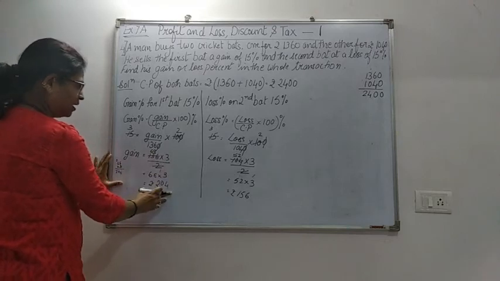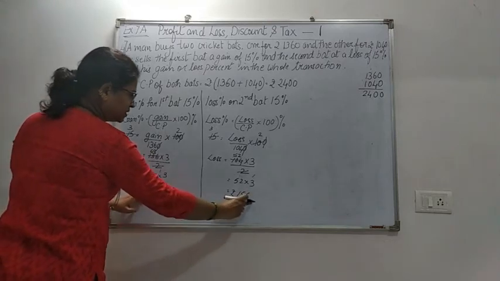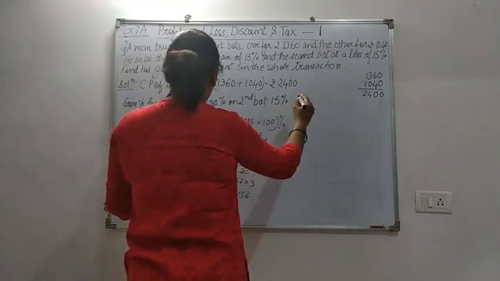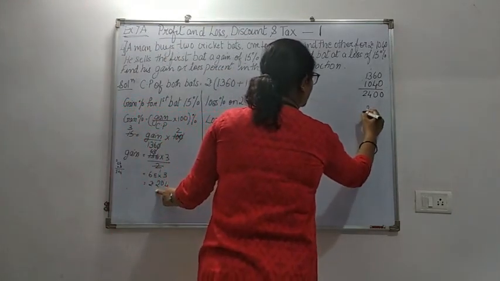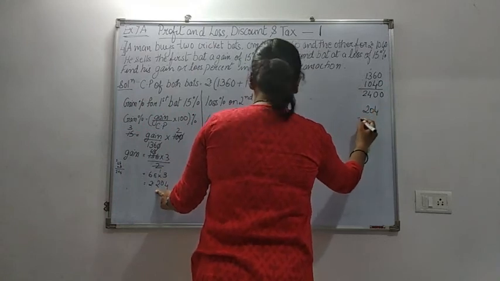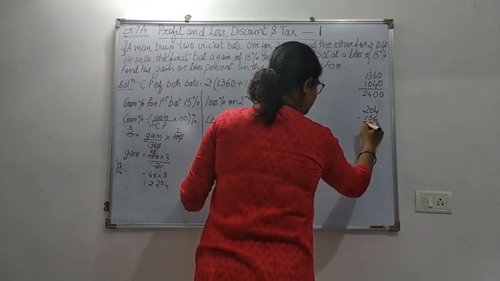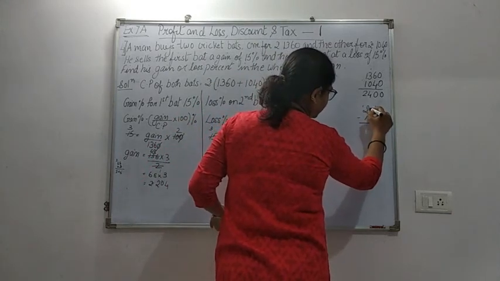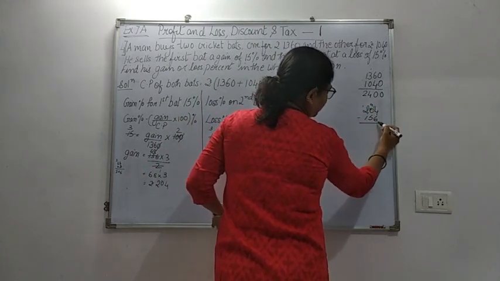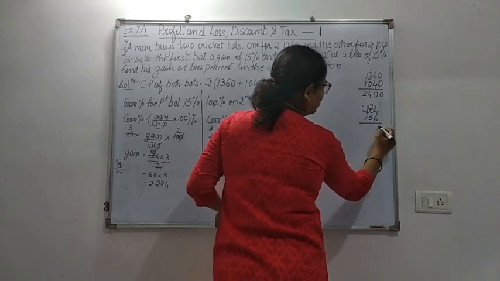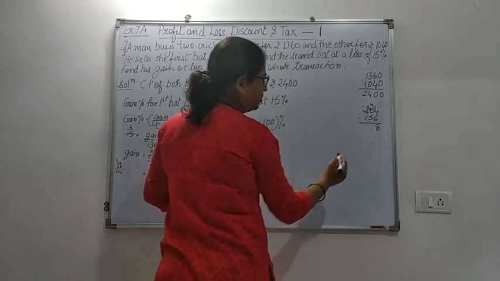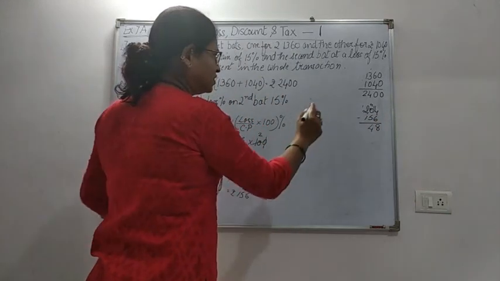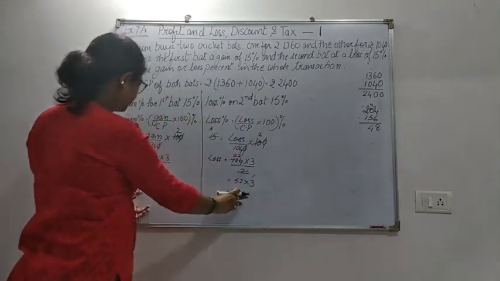Now if you see in the whole transaction over here, for 15% gain and 15% loss, now here 204, that is the gain, and from this I subtract the loss, right? So here I get it, that is 204 minus 156. So let us subtract. 14 minus 6, that will give you 8, right? 9 minus 5 is 4. So how much is my gain over here?